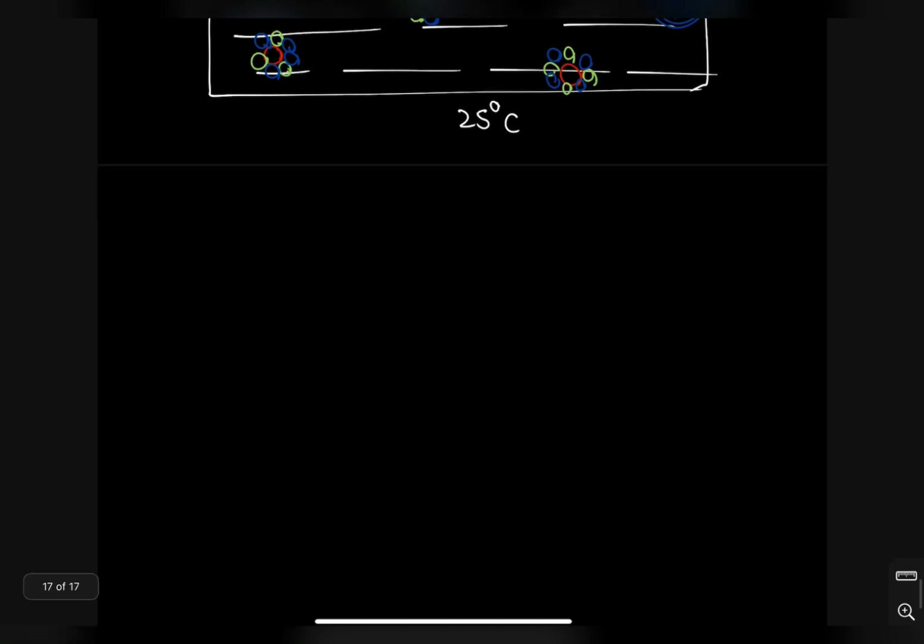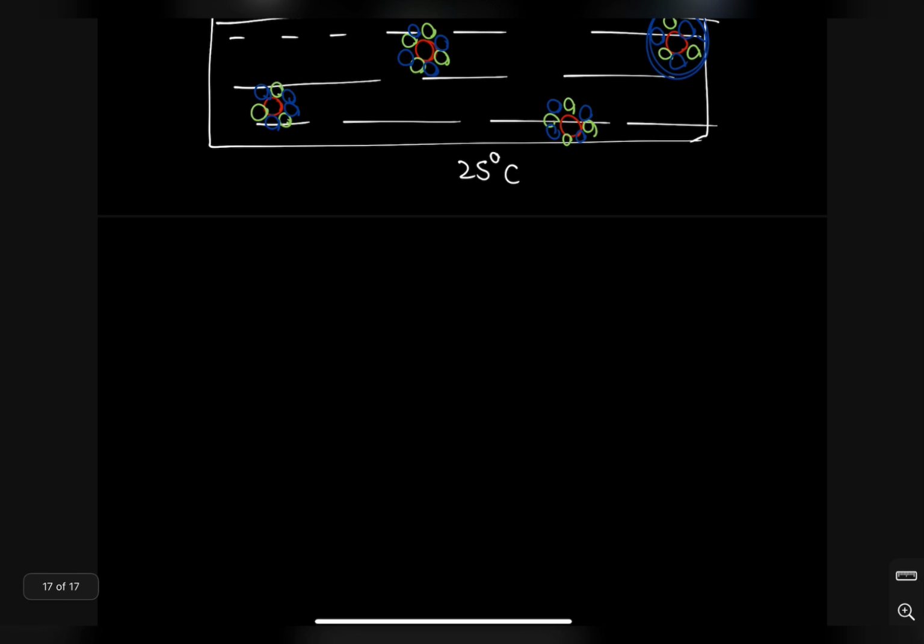But what we do after this is, let's say this is our core material, and let's say this is our coating material, the polymer which has formed microcapsules. What you have to do is a process or a step called rigidization.